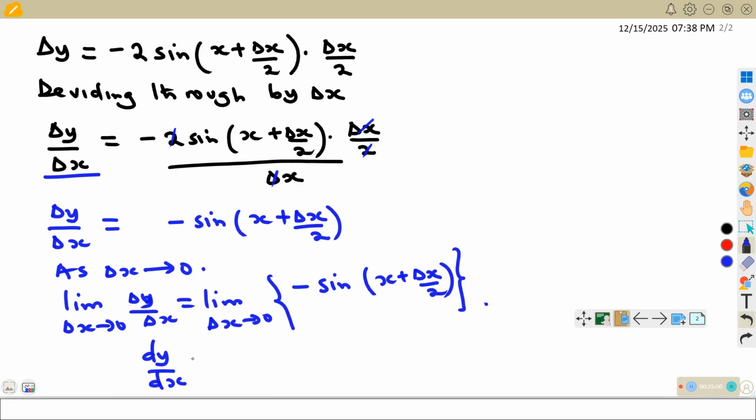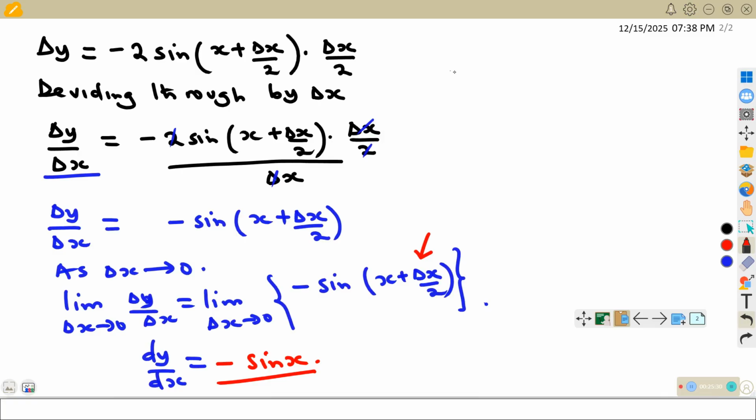You should be able to recall that from differentiation 1. So this will be equal to, now delta x is becoming smaller, tending to 0, so wherever we have delta x on this side, put there 0. When this one becomes 0, 0 divided by 2 is 0, so you remain with negative of sine of x.